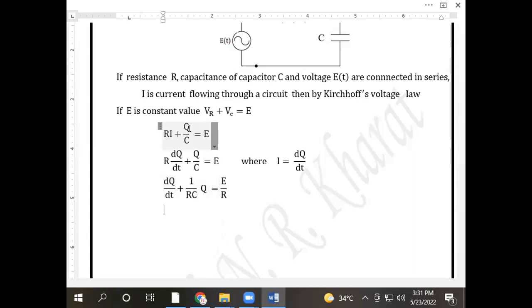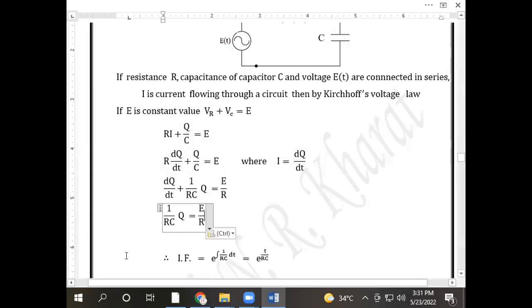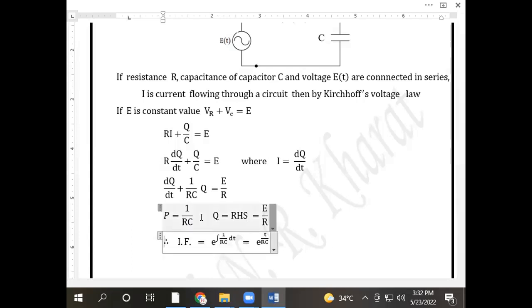Comparing this with the standard form, the value of P is 1 upon RC and the value of Q, the right hand side, is E upon R.